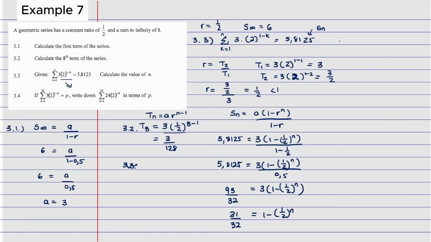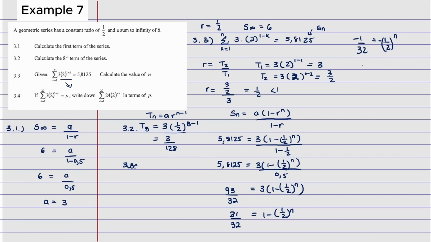So I'm just going to move it to this side. Then what we're going to have is we're going to subtract. So it's going to be 31 divided by 32 minus 1, which is going to give us negative 1 divided by 32 is equals to what? Is equals to 1 over 2 minus 1 over 2, right? To the power n, right?